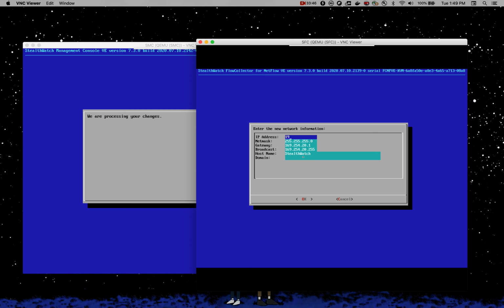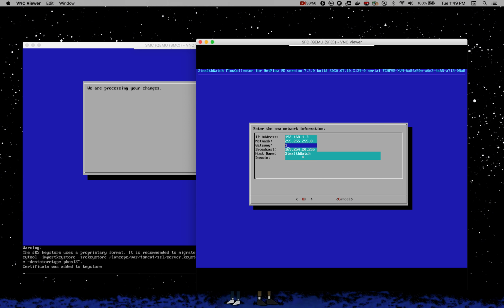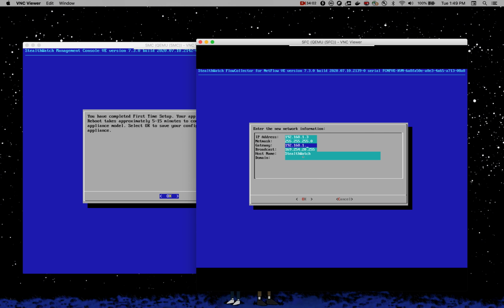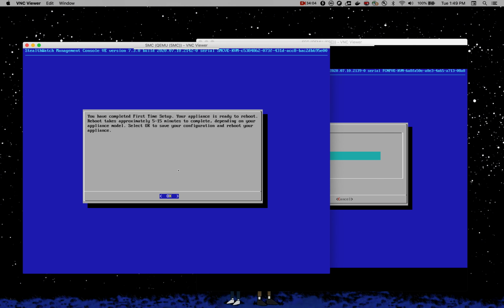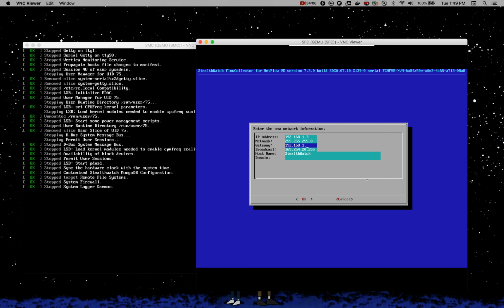We'll put 192.168.1.3 here. That's my flow collector, and you can see on the left hand side the other one is starting to reboot. It's going to ask me for the reboot, so I'll press enter, and now it is rebooting. Coming back here, the gateway is 1.1.